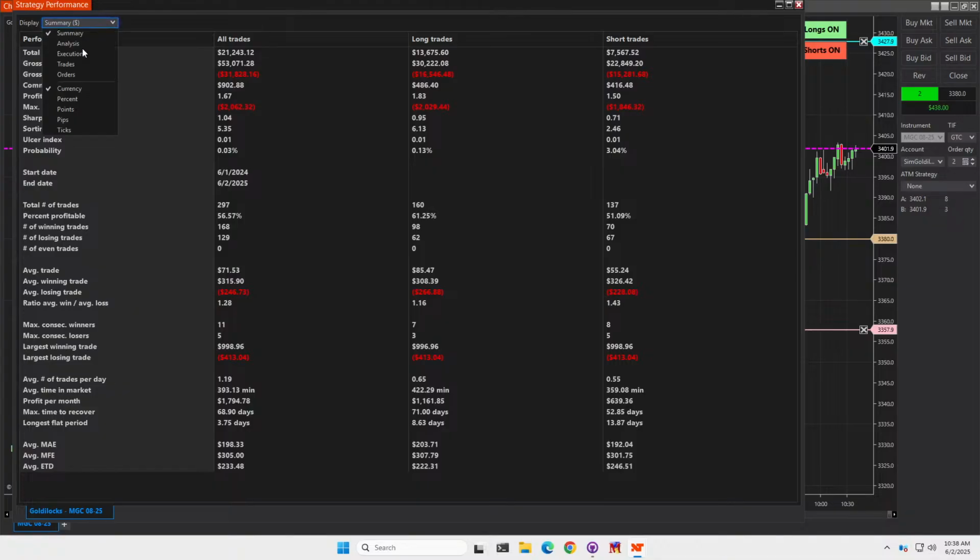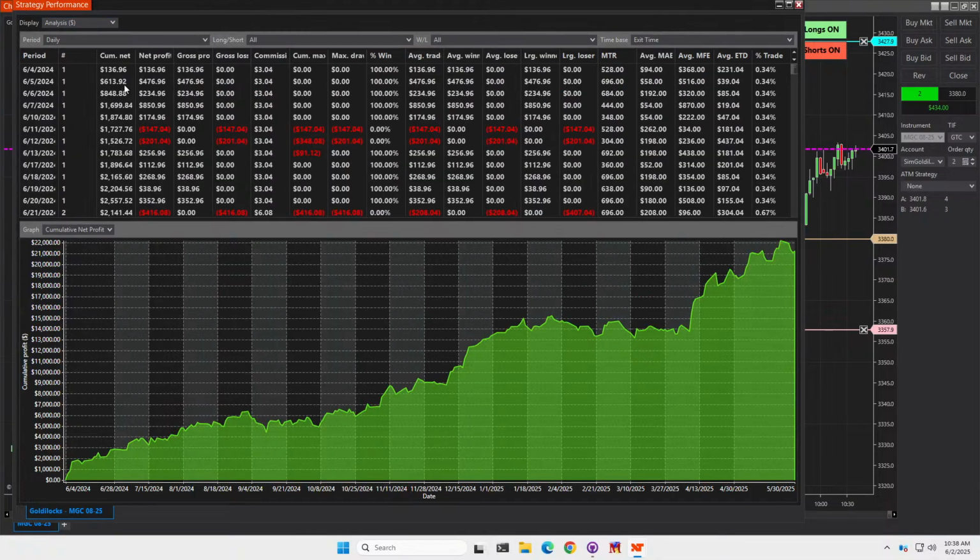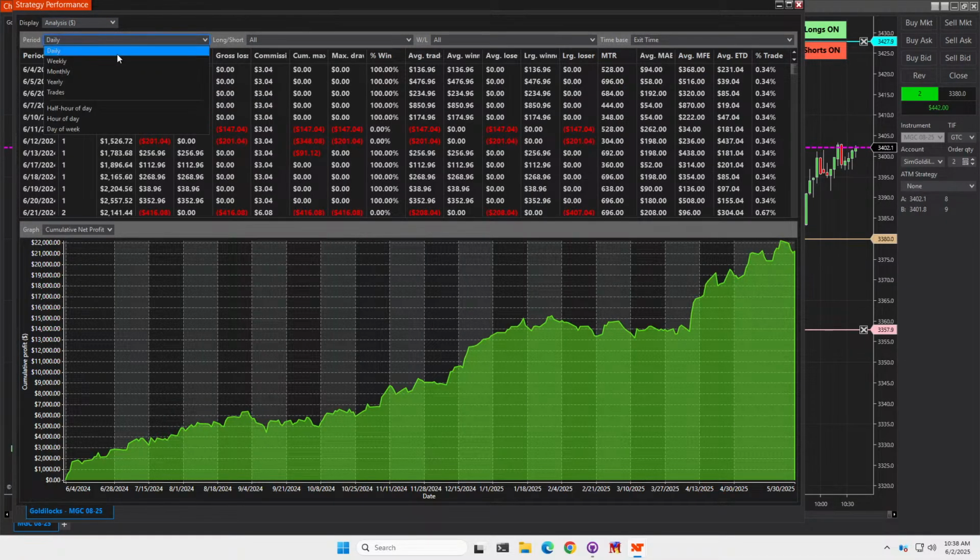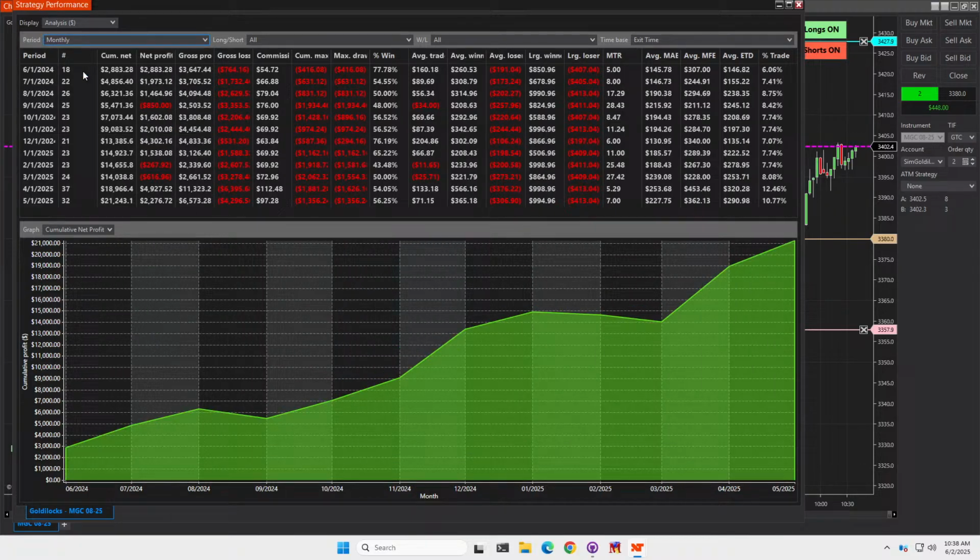But let's go to an analysis, and look at monthly. So here's your monthly analysis. It had 3 months where it lost money, but didn't lose a lot. The first month it made 2,800, then 1,900, and 1,500, lost 850, up 1,600, up 2,000, up 4,000, and lost a little bit, and then made almost 5,000 and 2,200 in May.